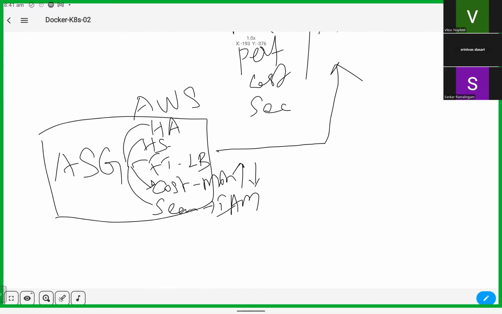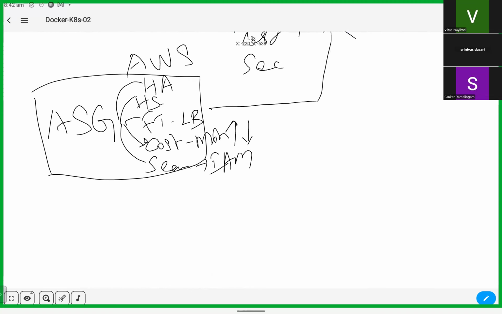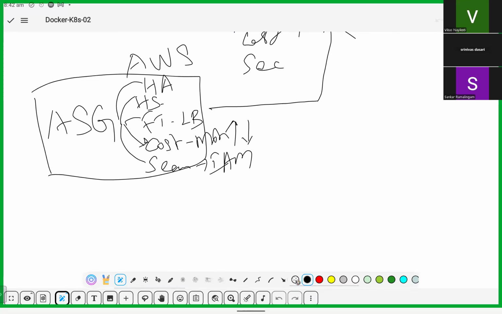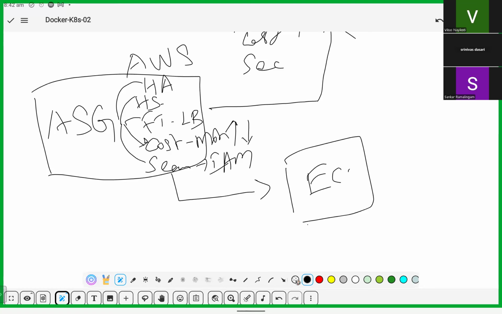Okay, can you tell me what exactly we are trying to deploy here? Is it a container service or is it an EC2 service? EC2 service. Correct. Basically, autoscaling group mainly targets EC2 deployments. When I say EC2 deployments, it will be mostly clustered, right?